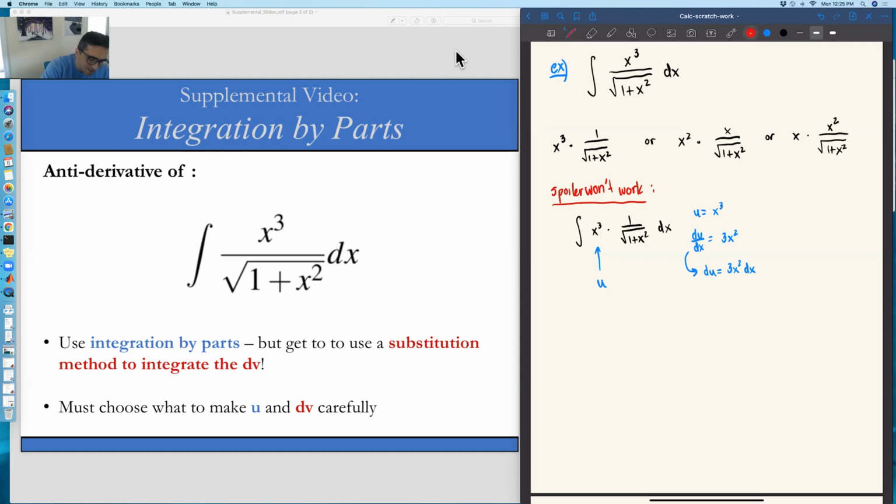That means everything else in that indefinite integral is our dv. So dv would be 1 over the square root of 1 plus x squared times dx. When we try to find v by taking the antiderivative, I don't know about you, but that antiderivative is something that I just don't know how to compute.